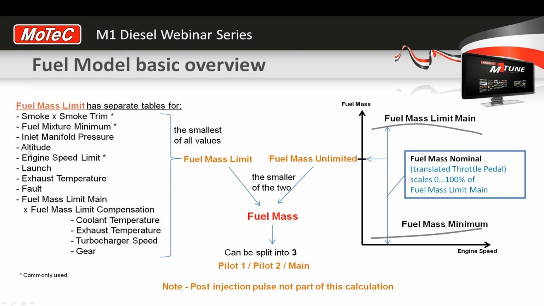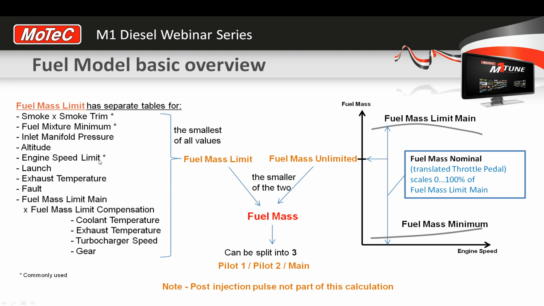You've got a method for changing fuel based on altitude, which again isn't often used, and then we get to our next one, which is the engine speed limit. This part of the calculations is removing fuel quite often. Every time you come near the engine speed limit, you'll find that it has control of the fuel mass. It becomes the winner.